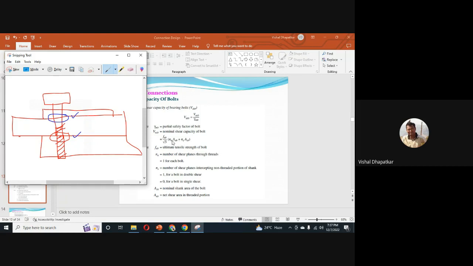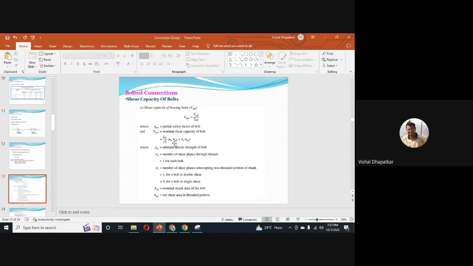Because we have nN over there, and there will be no nS when the bolts are going under one-way shear. When it is going under two-way shear, in that case we will have one nS and another nN. Based on this we can decide whether nN is 1 or nS is 1, or nN 1 and nS 0.